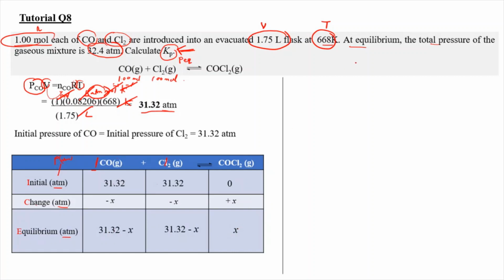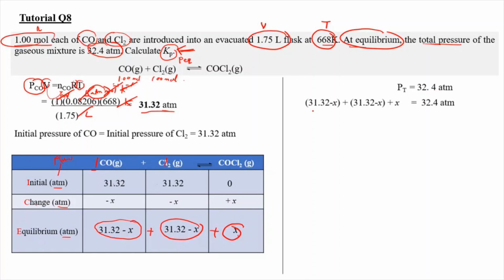As mentioned, at equilibrium the total pressure of the gaseous mixture is 32.4 atm. So the partial pressures at equilibrium add up to 32.4. We're going to add all of them together and settle the maths here first.